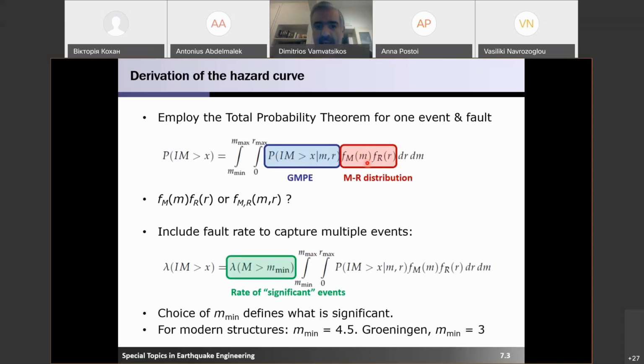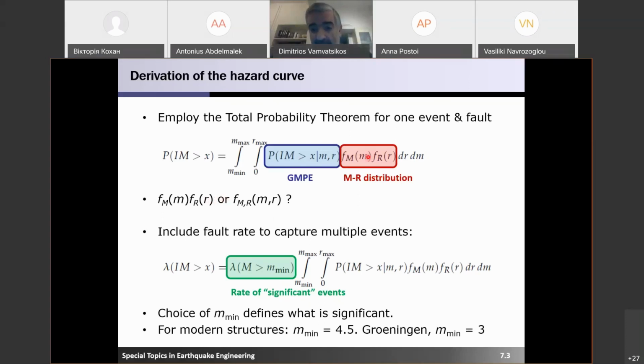Now, big question again, we've gone a little bit into that, is, do you split those two or do you use a joint? It's not that easy to do the joint, so you would prefer the split. But in reality, remember this discussion that a large earthquake will have a longer fault length. Quite often they use the closest distance to the site. So of course, for a larger fault rupture versus a smaller fault rupture, distances will change from your site.